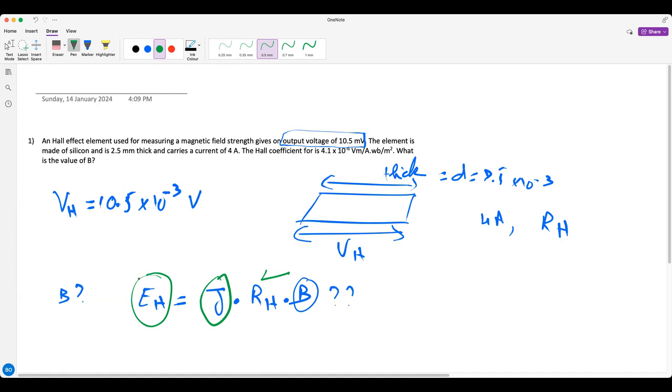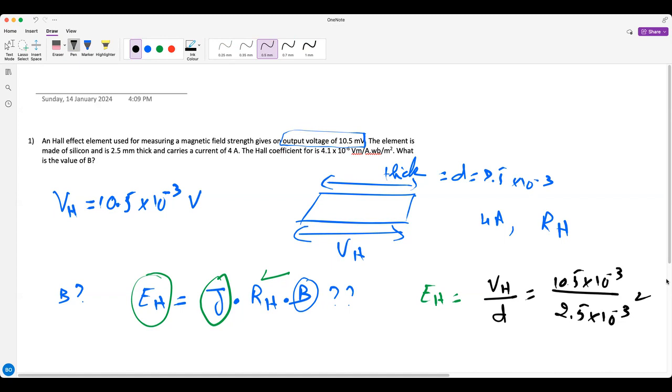To calculate the electric field, we use E equals V over D. So it will be 10.5 millivolts over 2.5 millimeters, but we have to convert to meters. Exactly, so it is V_H divided by the thickness, which is 10.5 times 10 to the minus 3, divided by 2.5 times 10 to the negative 3.